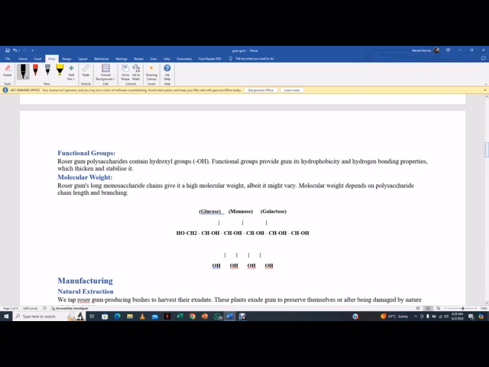The molecular weight of rosin gum can vary, but it is typically high due to the long chain and branched structure of the polysaccharide. As I told you, these three monosaccharides are generally used in the formation of gum rosin, and these have hydroxyl groups which result in the thickening and stability of the gum rosin.